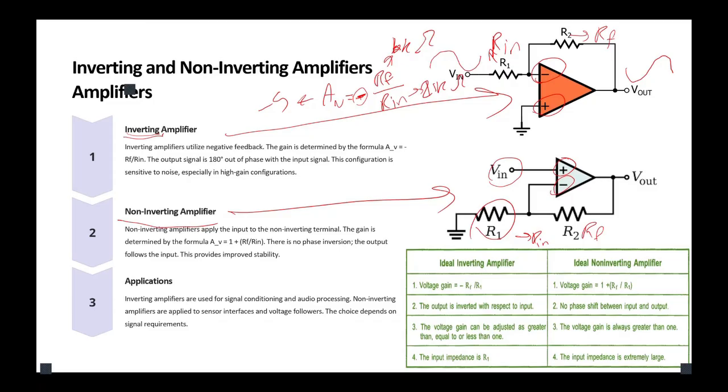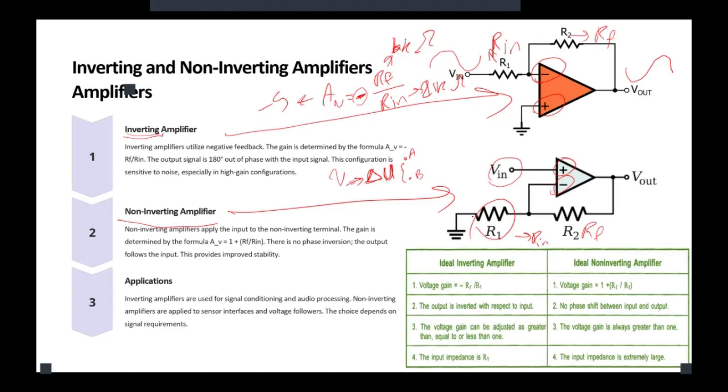Voltage is the difference between potentials, the difference of the potential between two points, A and B. So what we call input is the voltage difference between this point and this point.